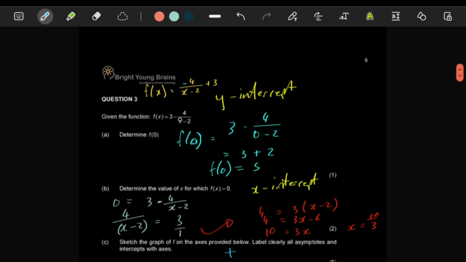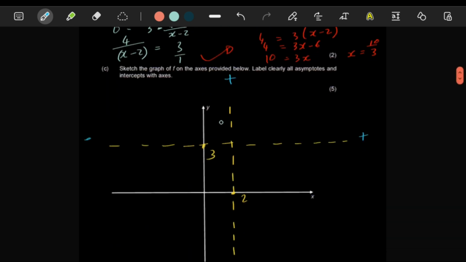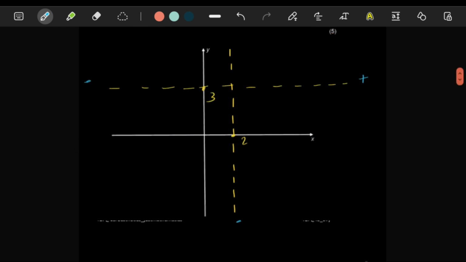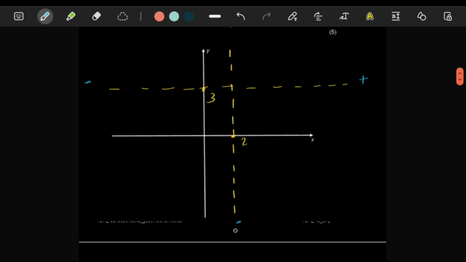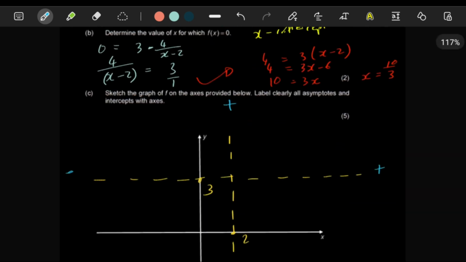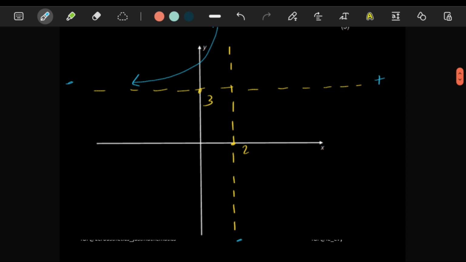So if you have a negative a value here, then it means that your curve has to be where plus and minus is. You see where the plus portion is and where the minus portion is, so your curve has to be here, and then your other curve has to be here.